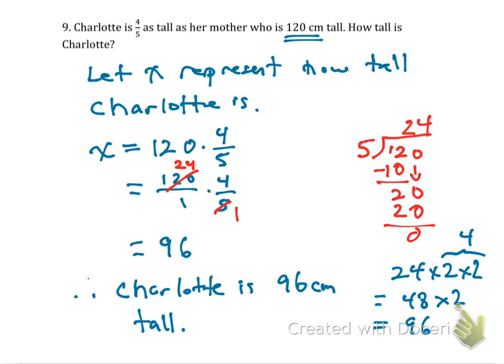Also, you could have done this a slightly different way, still using the variable x. You could have done 4/5 is equal to x over 120. This is proportional. We haven't done a lot of proportions yet in this course, although you may have seen it in a previous course.